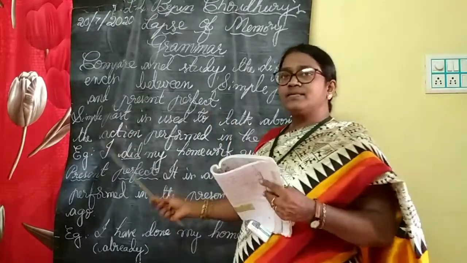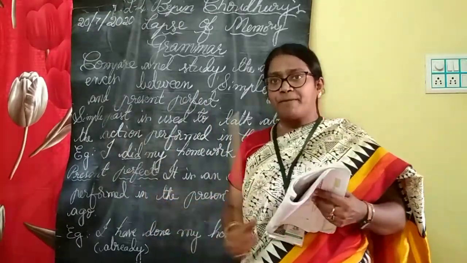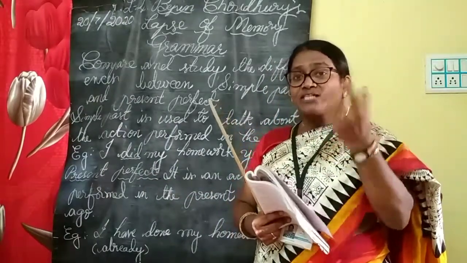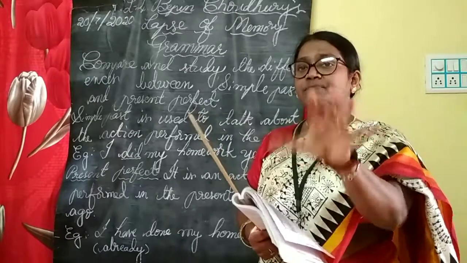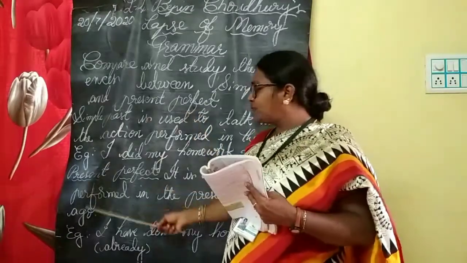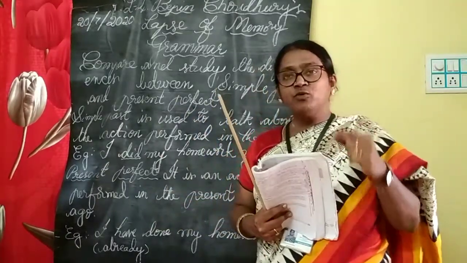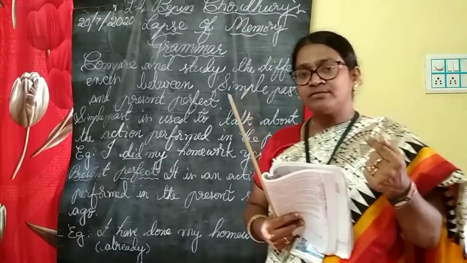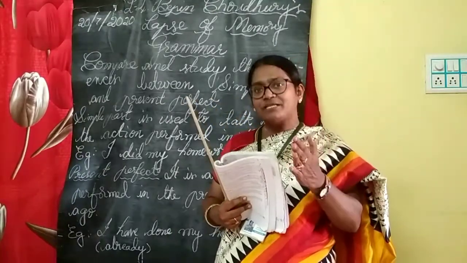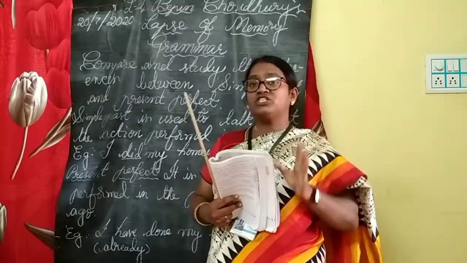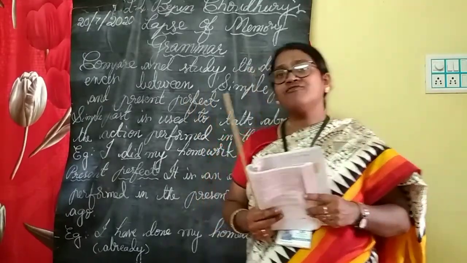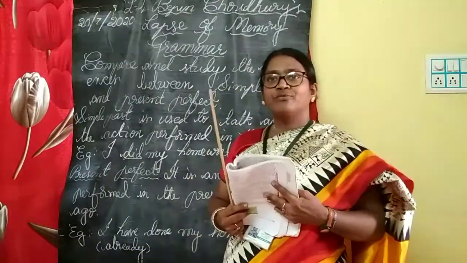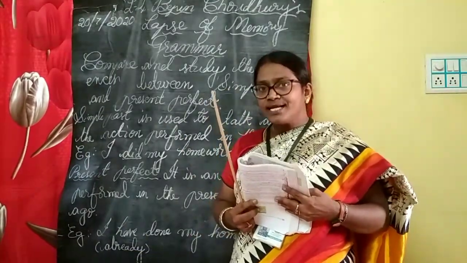So what is simple past? We use a simple past to express the action that is performed in the past. When it comes to present perfect, we use present perfect tense in order to express an action that is completed in present time without mentioning the time. But instead of mentioning the time, you can use adverbs also. Okay, is that clear, children?